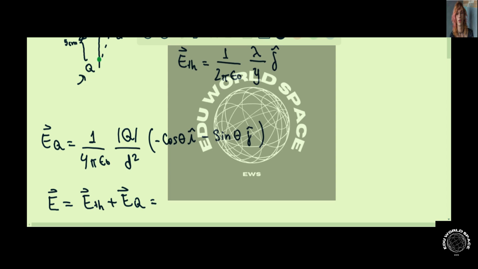For the x component we have the following: minus cosine of theta.